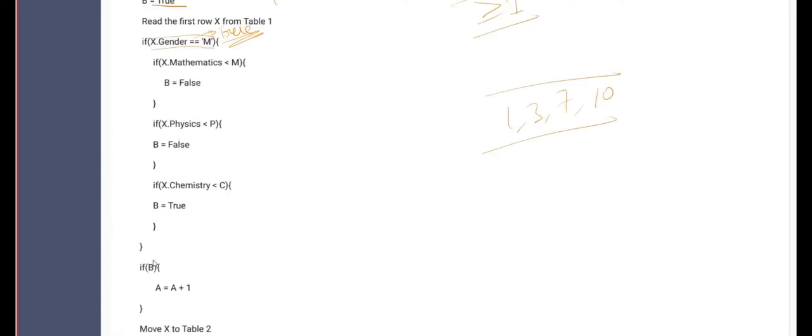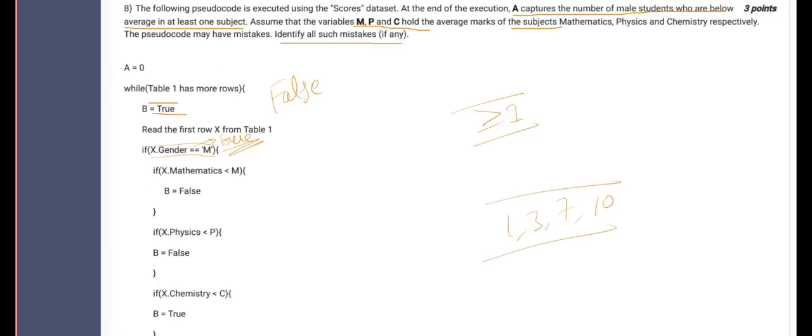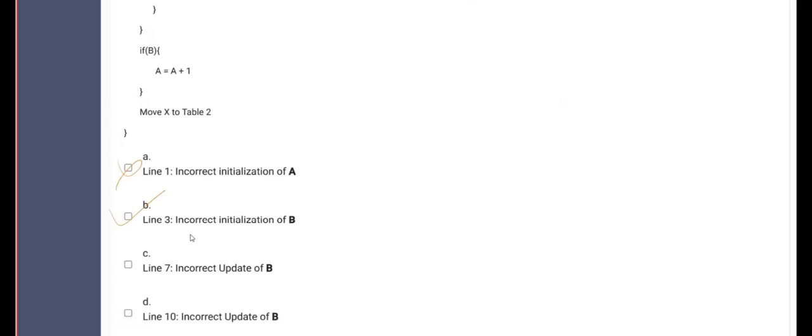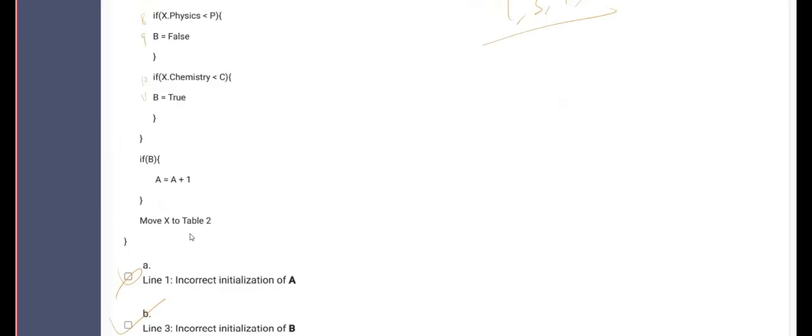Line 7. Let me write down the lines here. 1, 2, 3, 4, 5, 6, 7, 8, 9, 10, 11. This is a very confusing question. 12, 13, 14, 15, 16, 18.